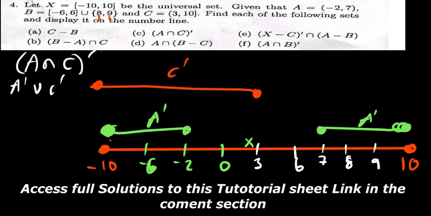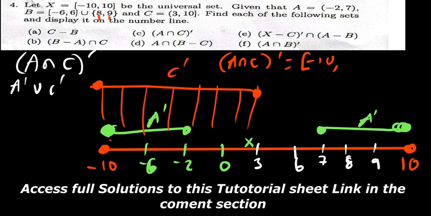Now union, we are adding everything. So A complement union C complement is basically from -10 all the way to 3, because it is union, so we are adding everything all the way to 3. Again 3 is included, union.